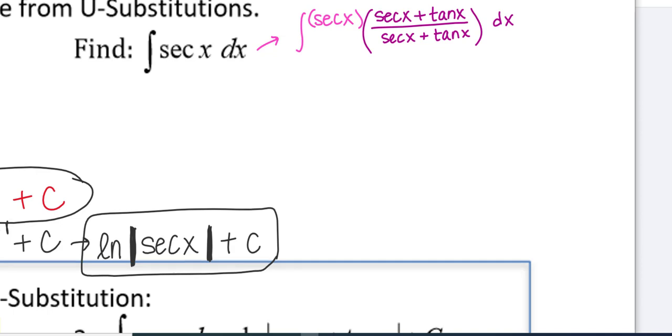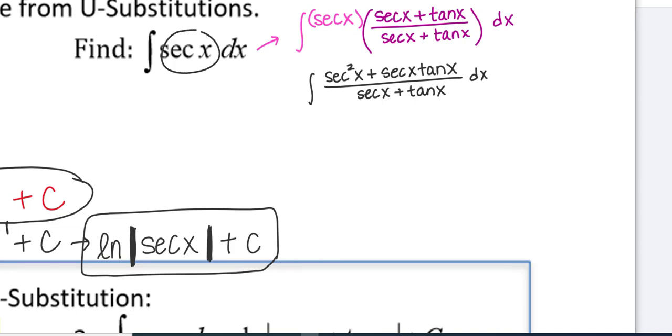So I'll distribute the numerator. So now it's secant squared x plus secant x tangent x, and now I at least have a little bit more to work with because at least I have functions in both my numerator and denominator, whereas before, if I just do a rewrite of secant of x, I only have 1 over cosine x.